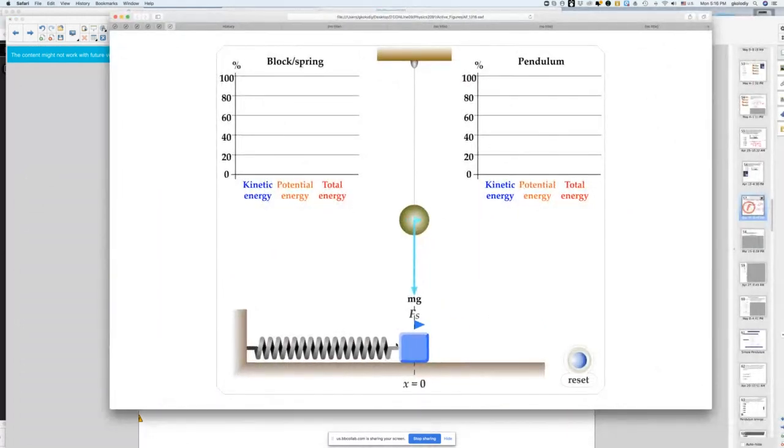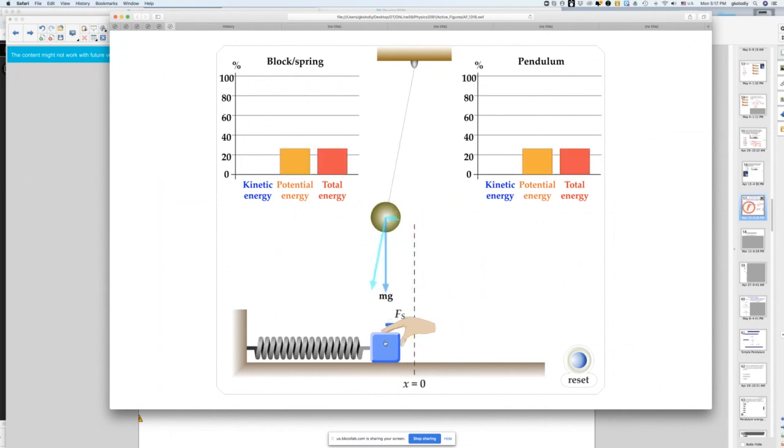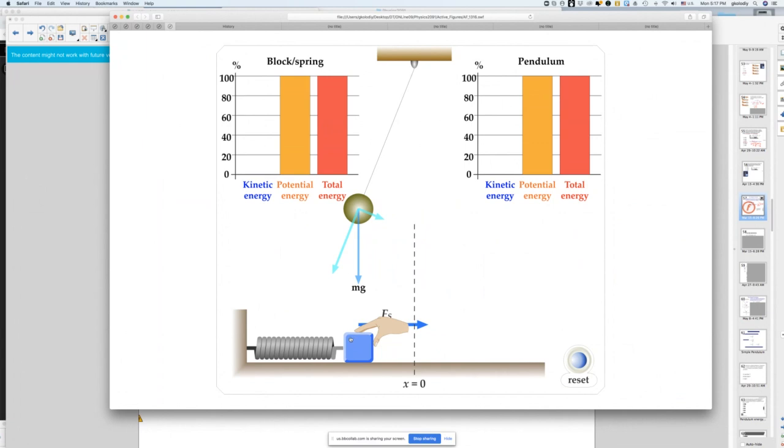What I'm going to show you is that the period of a pendulum has something to do with the period of this mass attached to a spring. So I'm going to push the mass and compress it, and that's the same as stretching the pendulum. Right now, the total energy of both of these is potential energy. No kinetic energy right now.